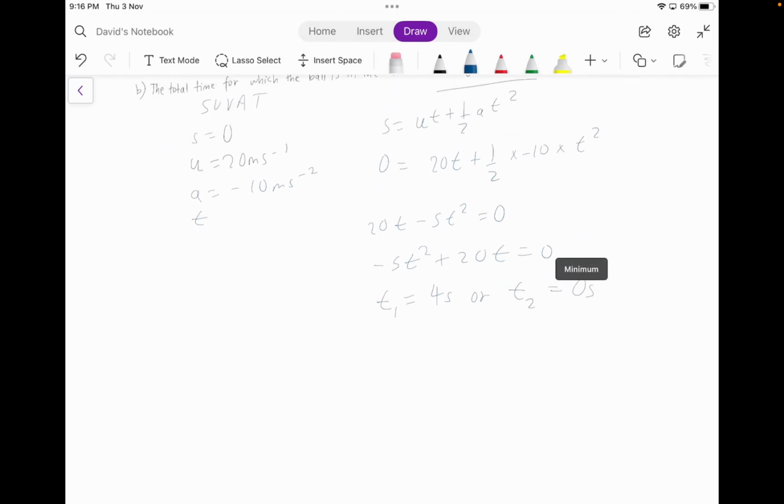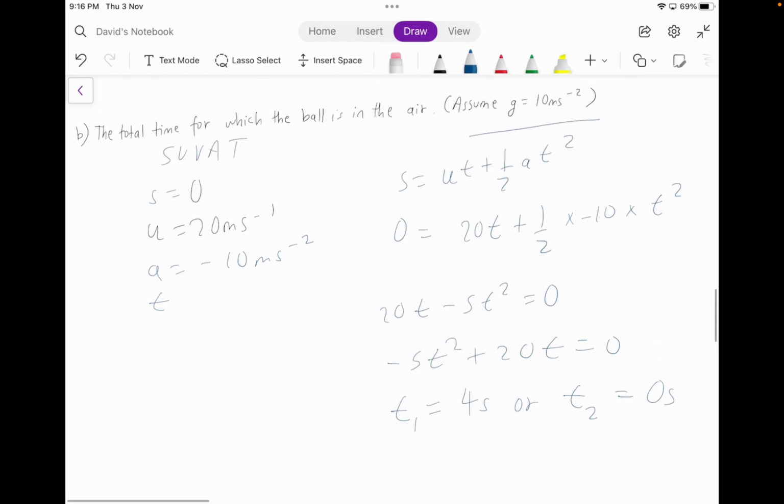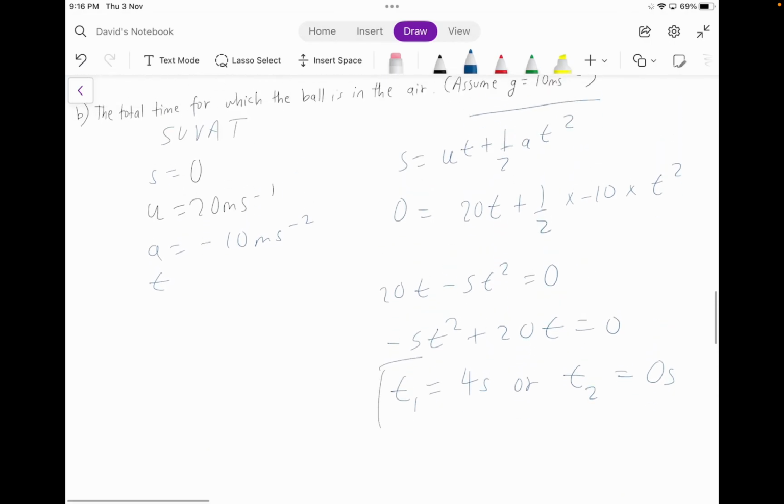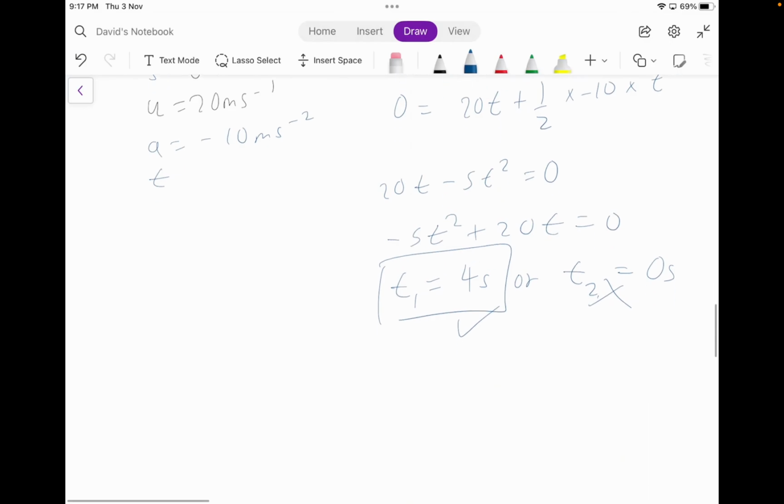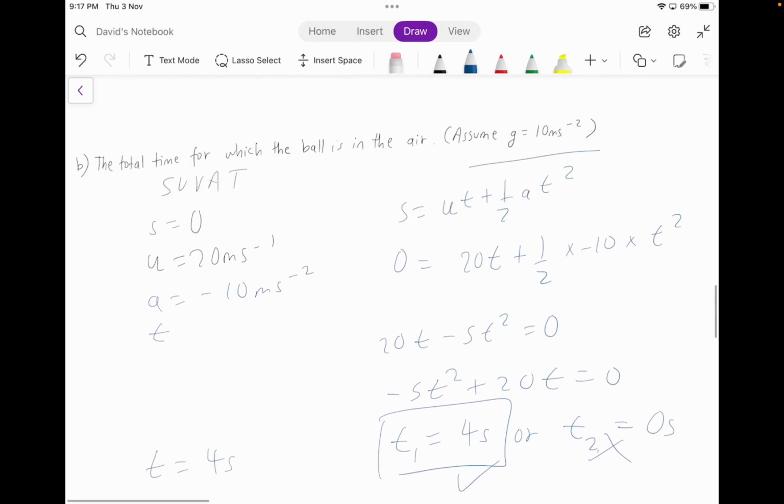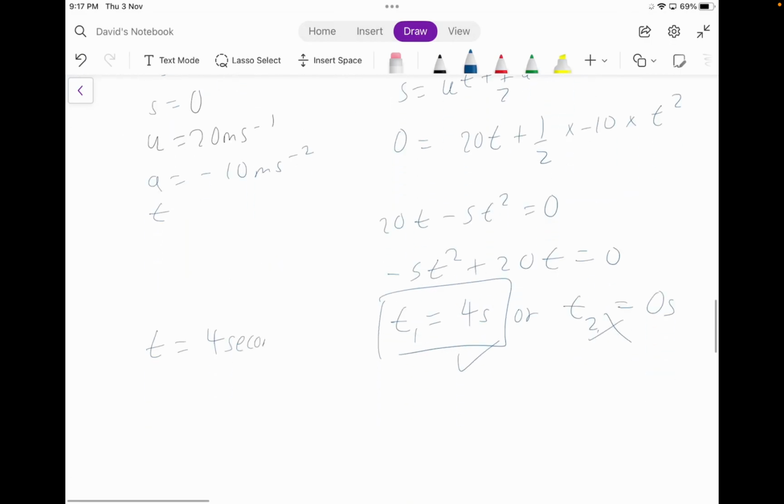Now the required solution for the time for which the ball is in the air is going to be 4 seconds and not the other. The other solution, t equals 0, just refers to the fact that the height of the ball was also 0 when it was first projected. So the solution here is that time is equivalent to 4 seconds. I'm just going to write that down.